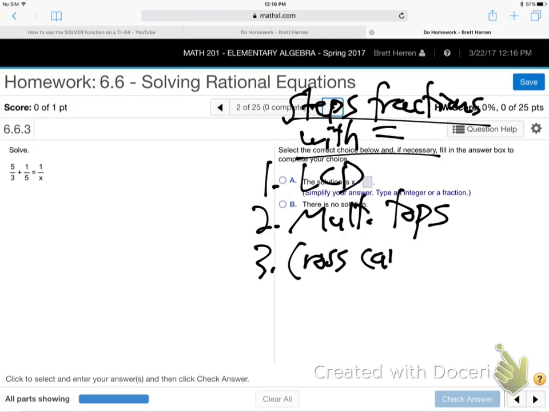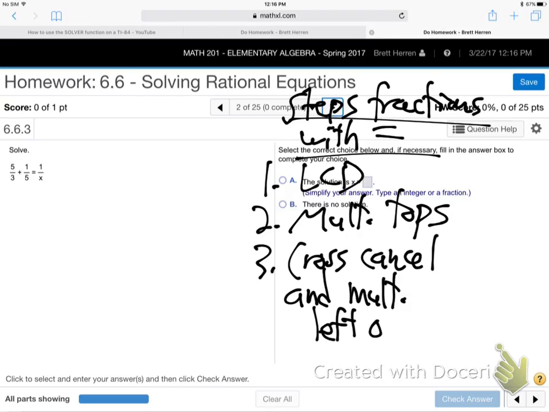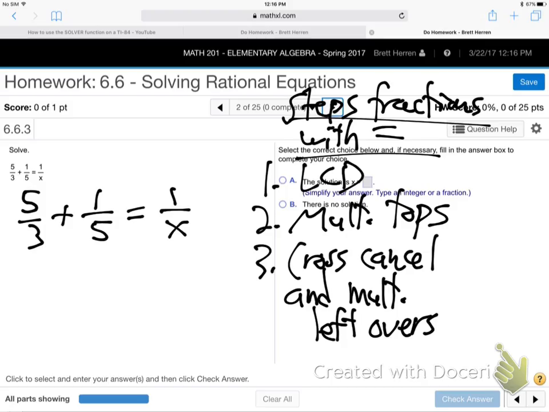Cross cancel, and multiply leftovers. Is everybody with me to there?